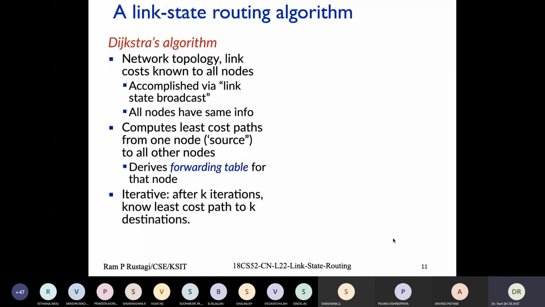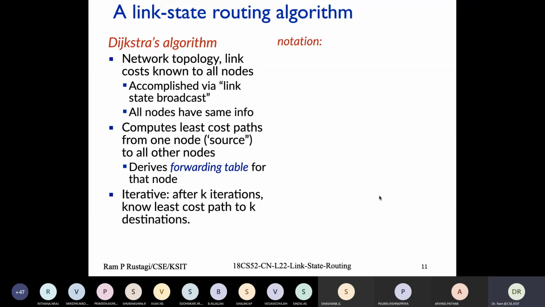We start with a particular source node, and each time we pick the closest node. After k iterations, we have picked k nodes. If there are n nodes in the graph, we basically do the loop iteration.